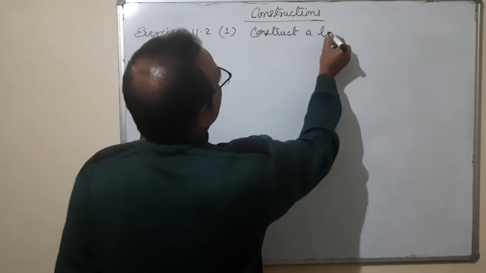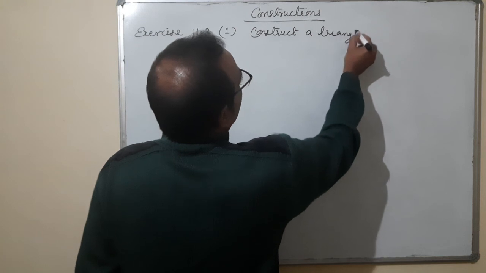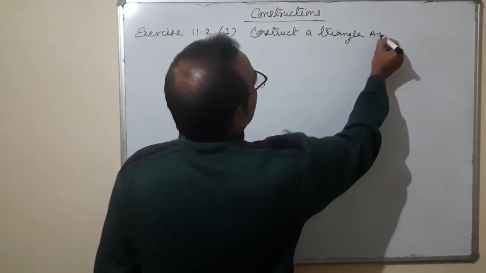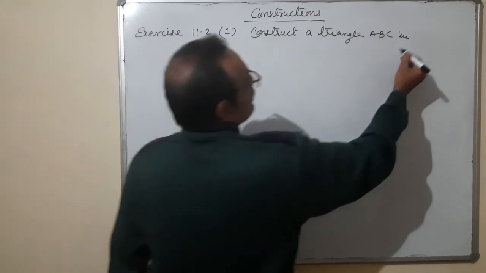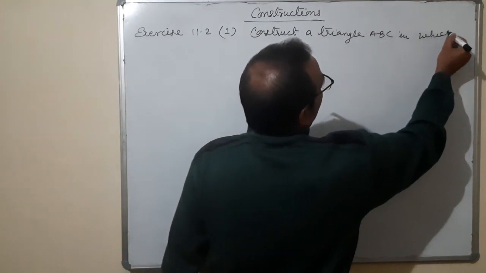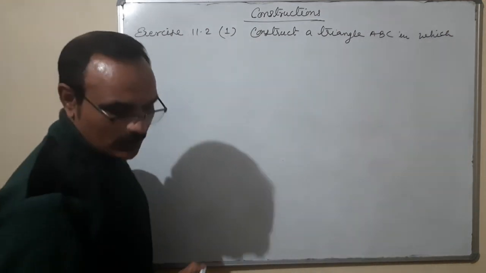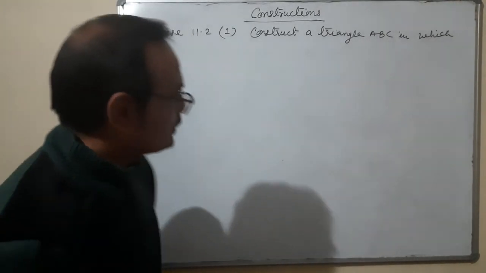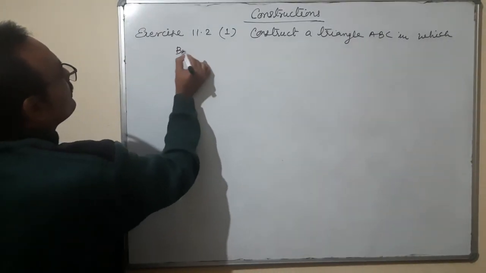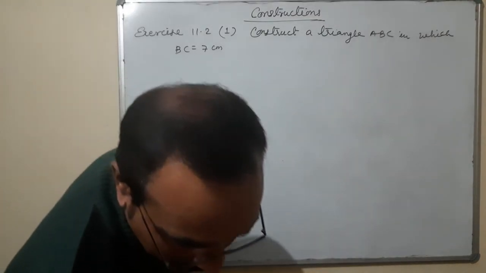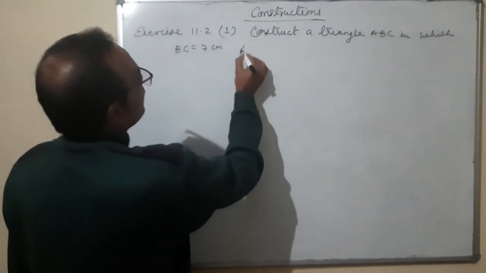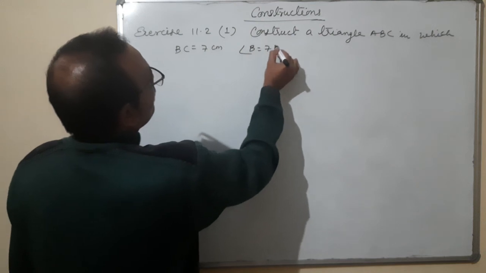Construct a triangle ABC in which BC is equal to 7 centimeter and angle B is equal to 75 degree.